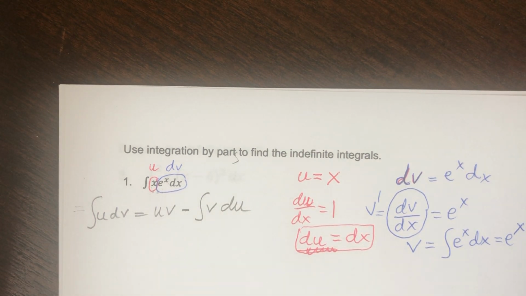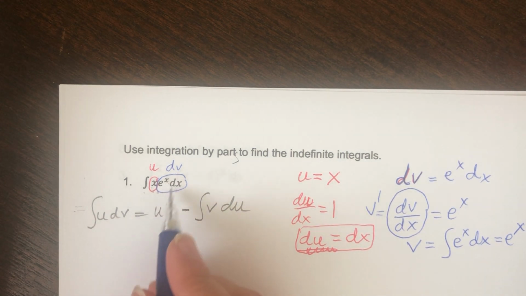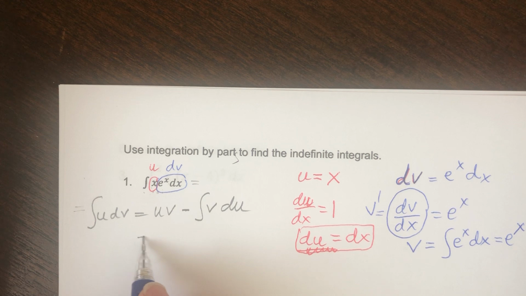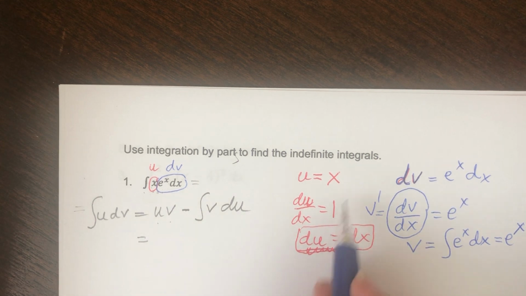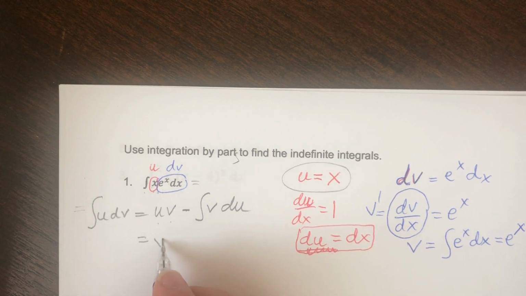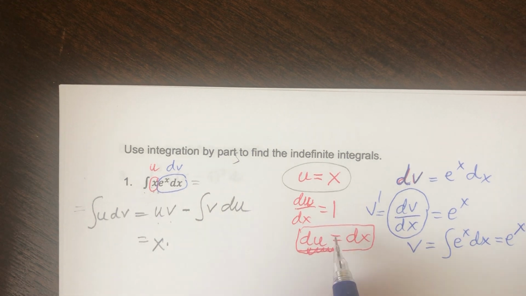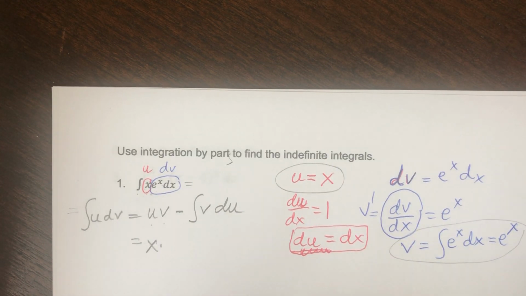All right, so let's substitute all of this. So this is my integral of u dv, and that's supposed to now equal u times v. Do we have u? Yes, u is equal to x. Do we have v? Yes, right here we found it. v is e to the x.